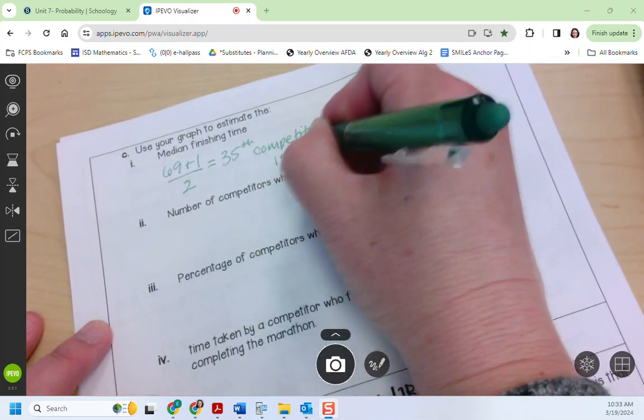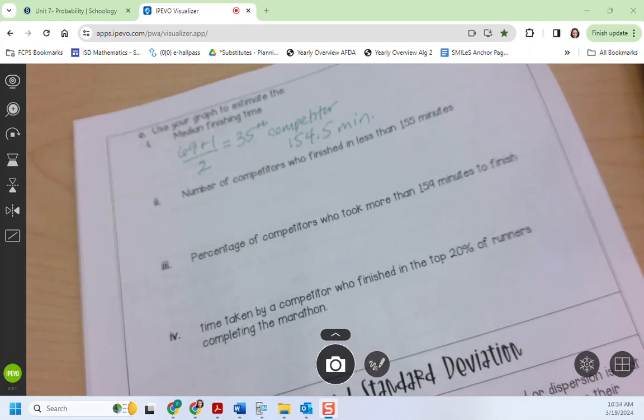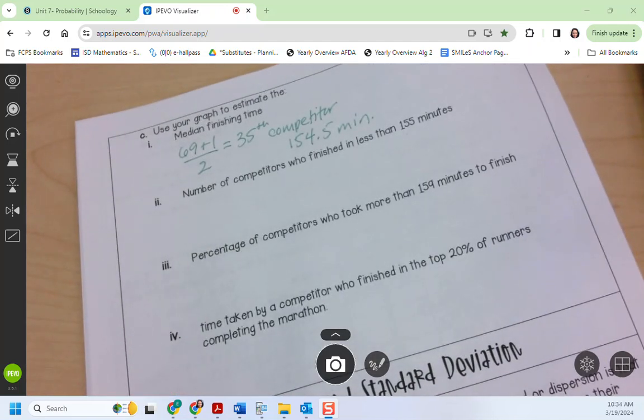The number of competitors who finished in less than 155 minutes. So that's going to be pretty close to 35, but let's look and see, because it might be a little bit more. So go back and look at 155 minutes. How many competitors does it look like to you? It's a little bit more, right? Is it like 36 or 37? All right, I'm going to look.